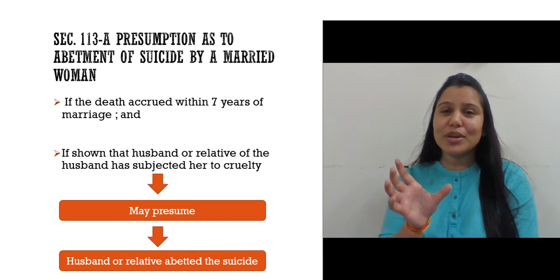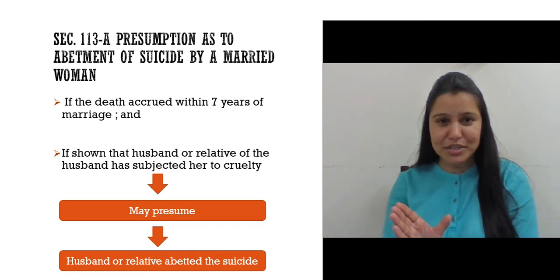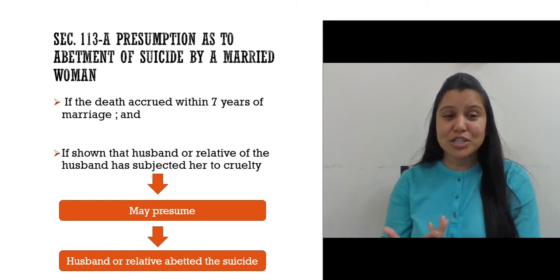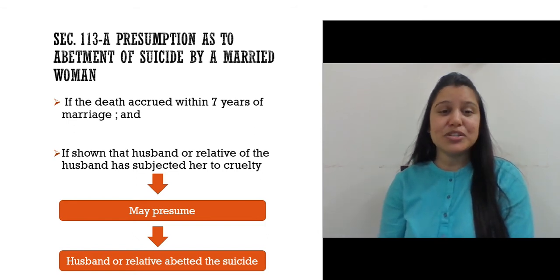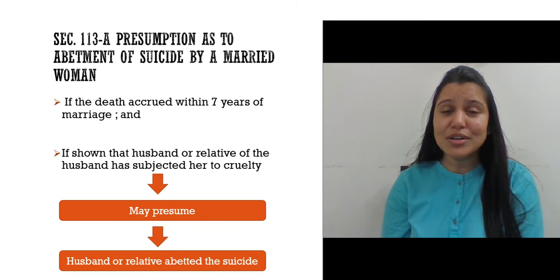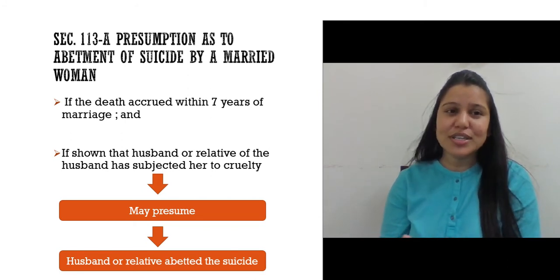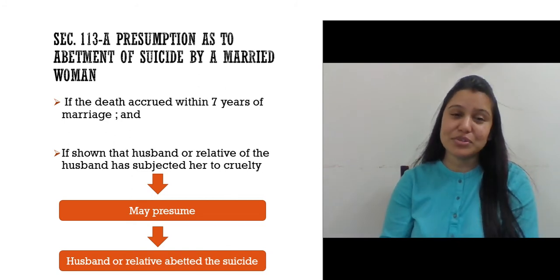And it must be shown that the husband or relative of the husband has subjected her to cruelty. So before that suicide, she must have been subjected to cruelty, which actually forced her to commit suicide, and it has to be within 7 years.